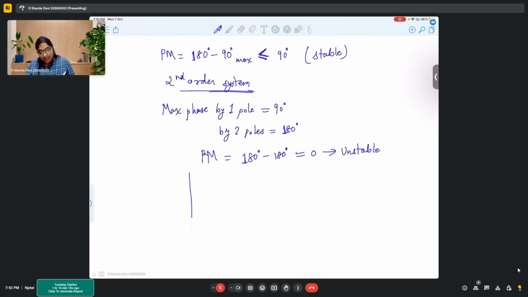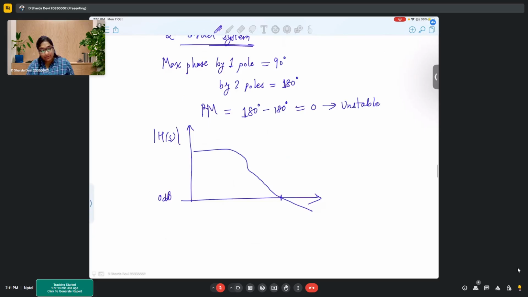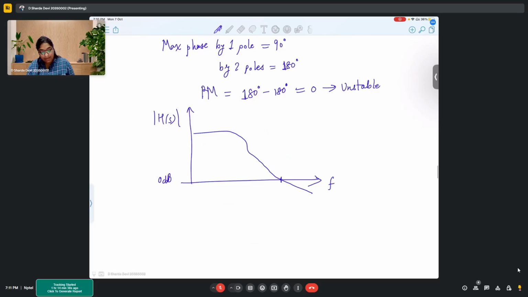So the idea is, let's say this is your magnitude plot and this is somewhat like this. Okay. And at this point, it is crossing 0 dB, 0 dB frequency, right?